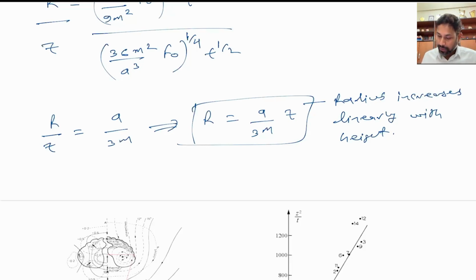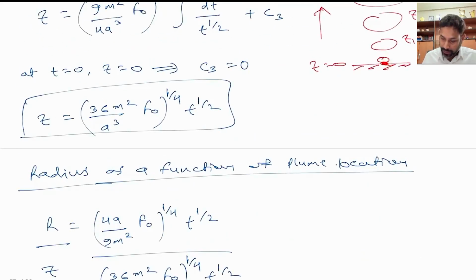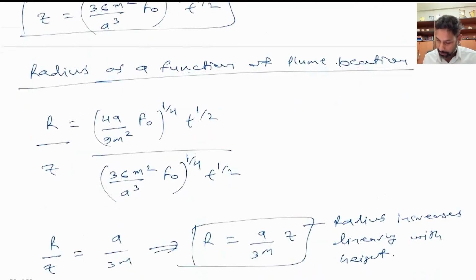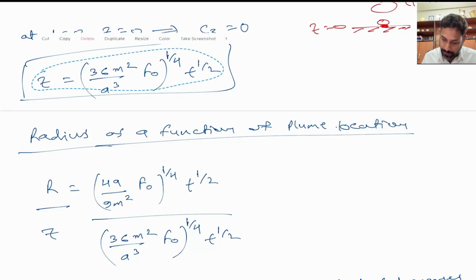To find the value of a and m, we will use this equation which we just derived, the radius equation, right? So radius here is a over 3m times z, and the other equation that we are going to use is for z itself. So z is related to time as, let me copy this.